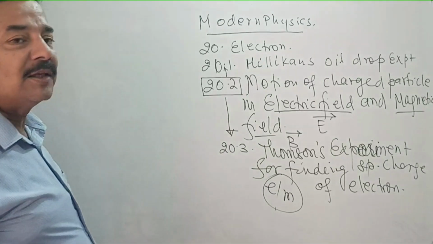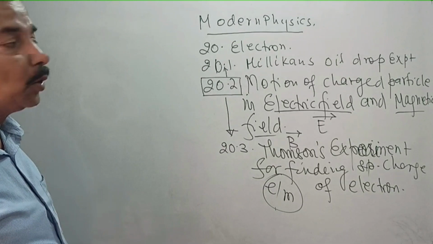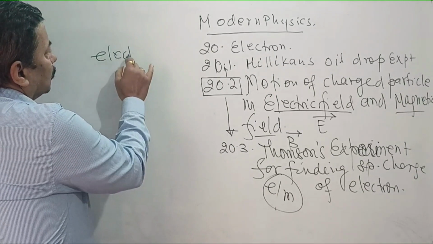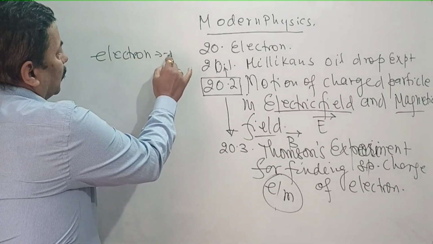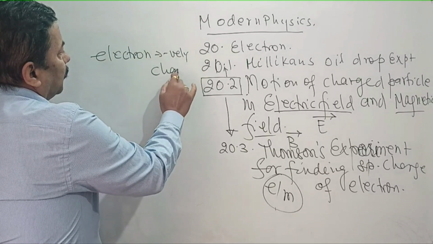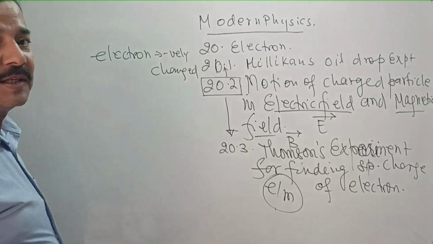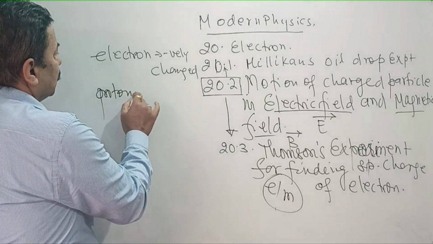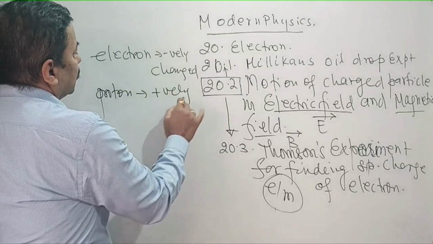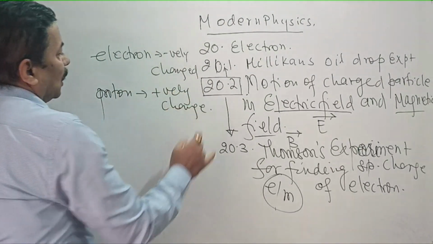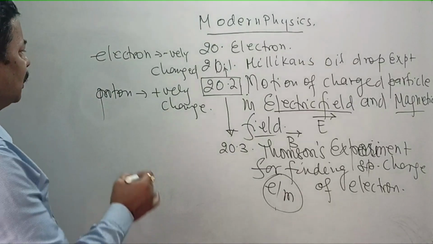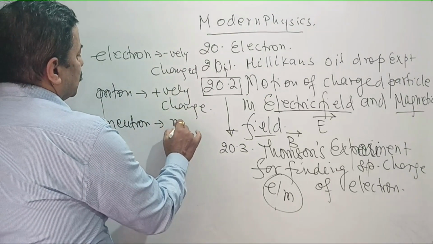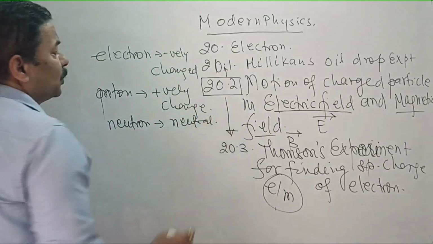So let us try to discuss the charge particle. The basic charge particles, as you already know, are the electron, proton and neutron. Electron is negatively charged, proton is positively charged, and neutron is neutral.